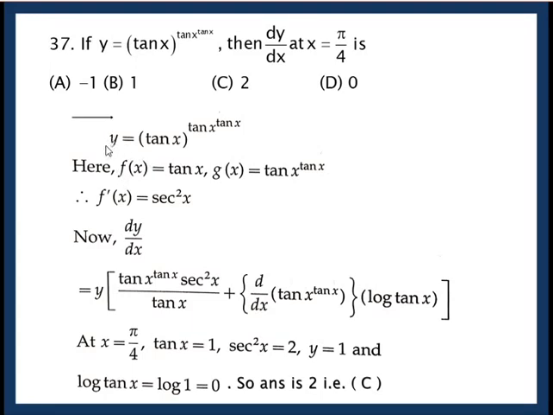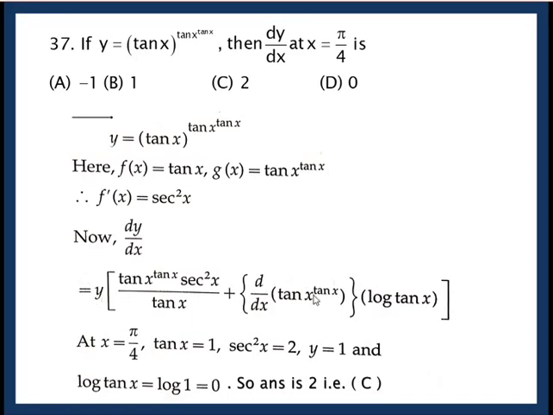So 1 upon y dy/dx equals, so dy/dx is y into tan x raised to tan x into derivative of tan x, which is sec square x, plus second function, log of tan x, into derivative of tan x raised to tan x.